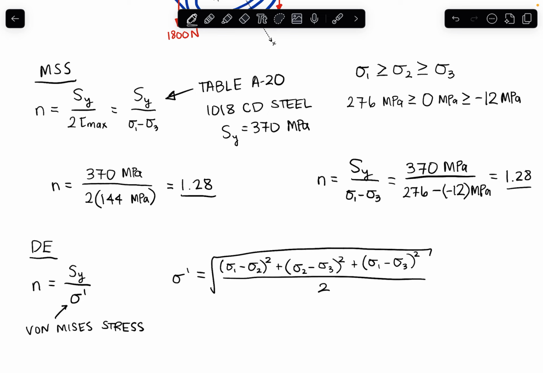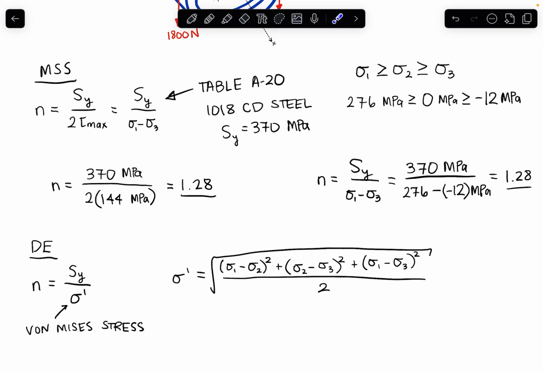So again, we need to make sure that our principal stresses are ordered in this way so that sigma 1 is the most positive and sigma 3 is the most negative principal stress.